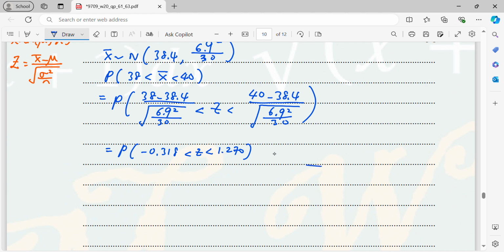Now, when we refer to the graph, one value is negative and the other is positive. To find this region, I will say it is P(Z less than 1.27) minus P(Z less than the negative value).